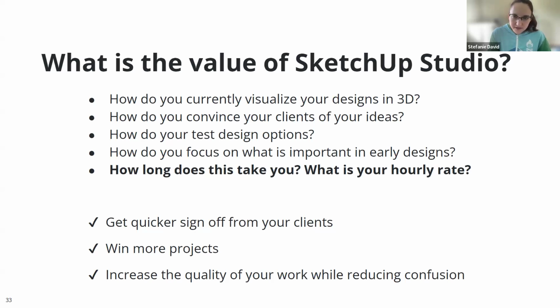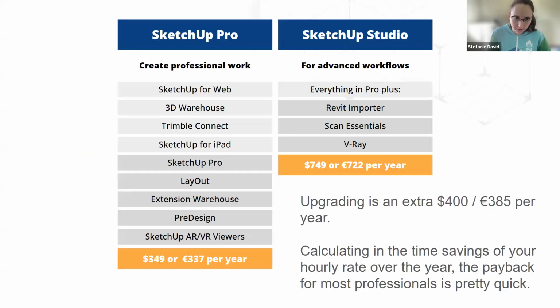So on the next slide, if you already have SketchUp Pro, you have SketchUp for Web included. You already have 3D Warehouse. Trimble Connect is included. SketchUp for iPad, SketchUp Pro Layout, Extension Warehouse, Pre-Design, and SketchUp AR and VR viewers are already included.